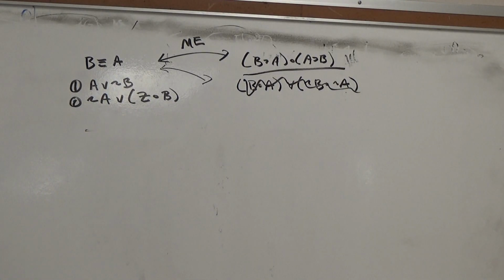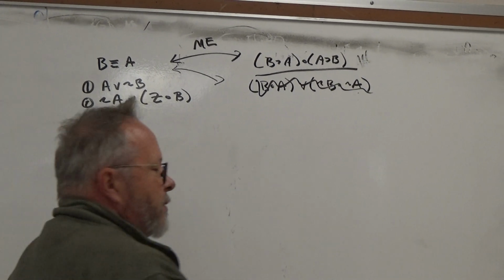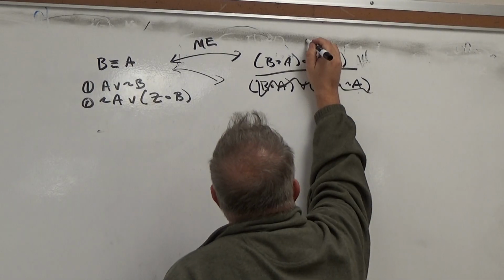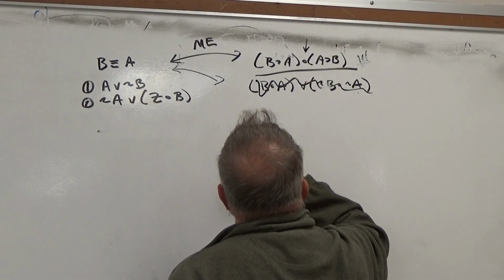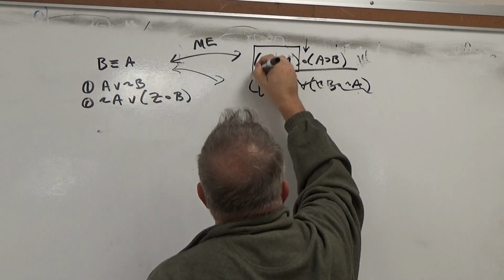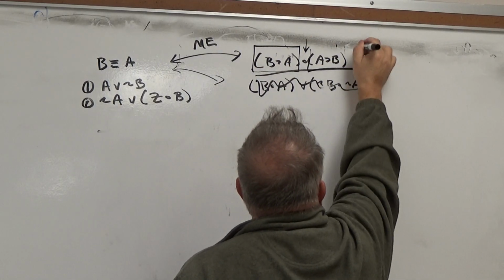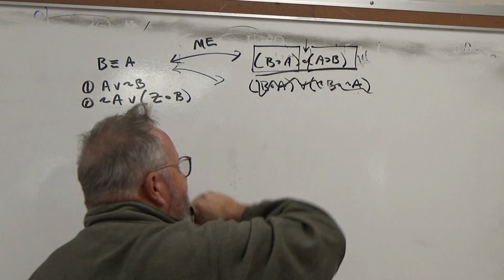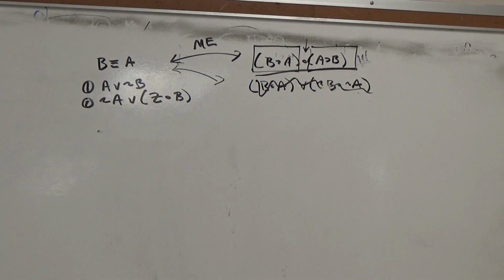I don't see that big thing anywhere, but notice that the main operator is an AND, which means if I can go get this by itself and then that by itself, then I can put them together by conjunction. So my first goal then is going to be B then A.